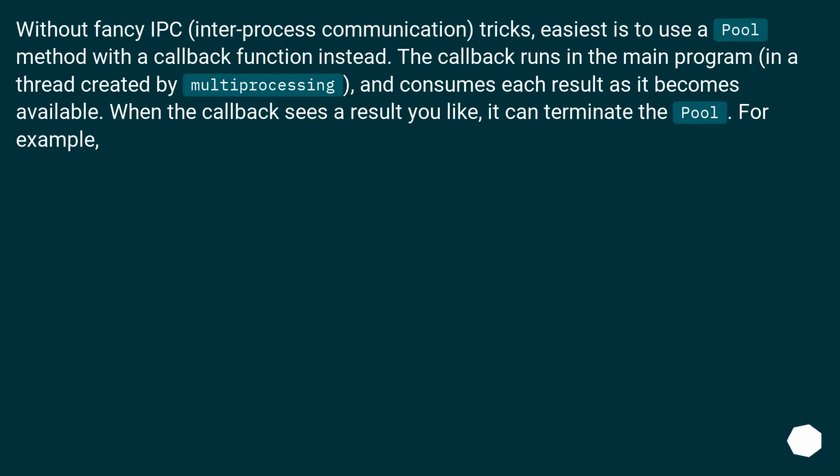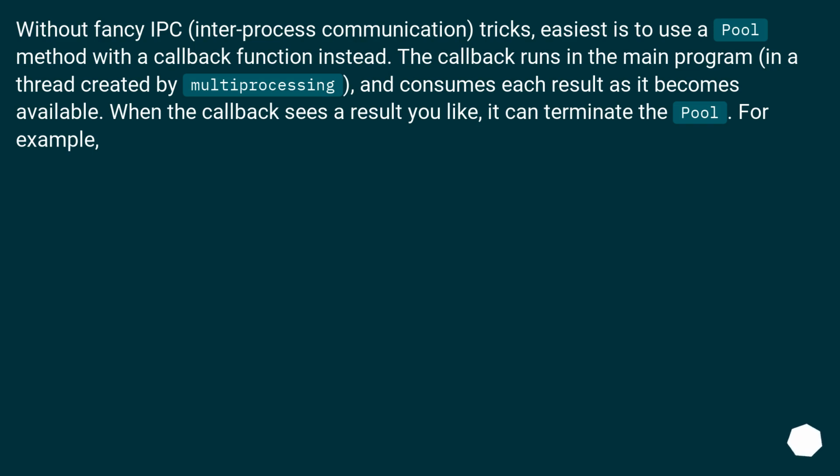Without fancy IPC, inter-process communication tricks, easiest is to use a pool method with a callback function instead. The callback runs in the main program, in a thread created by multiprocessing, and consumes each result as it becomes available. When the callback sees a result you like, it can terminate the pool.